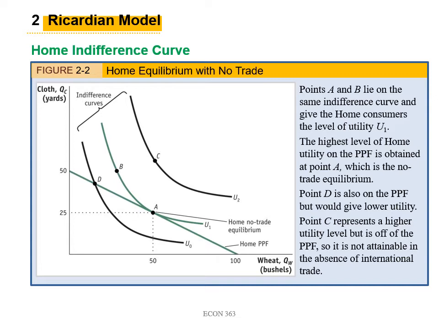That's an option that's open to you, but it's only open to you as long as you are producing at point A. You've got to be producing at point A in order to reach the highest possible indifference curve, B. And you'd love to be at C, but the production function doesn't let you get there.